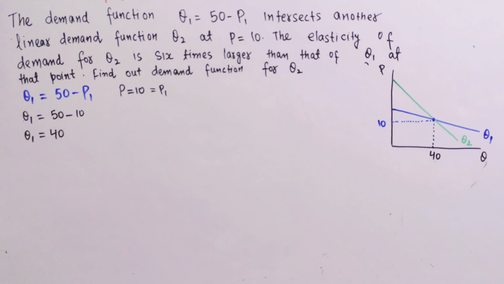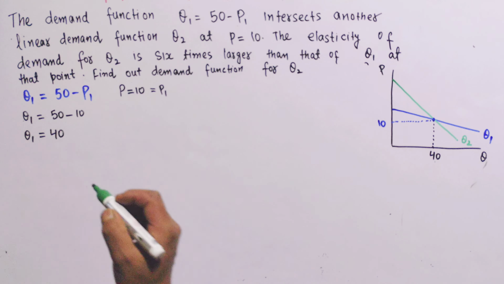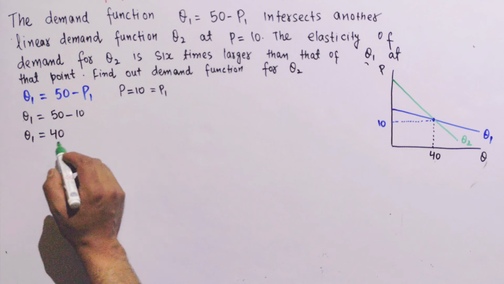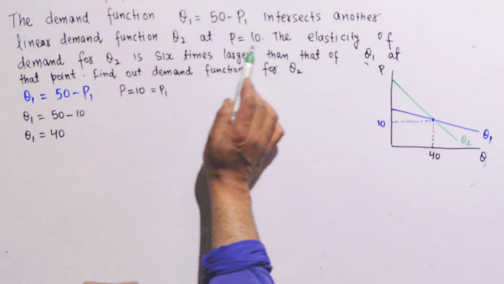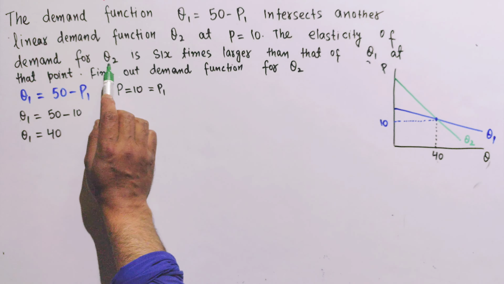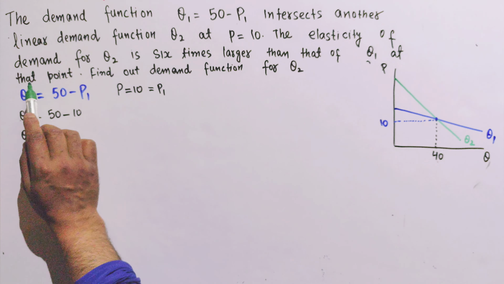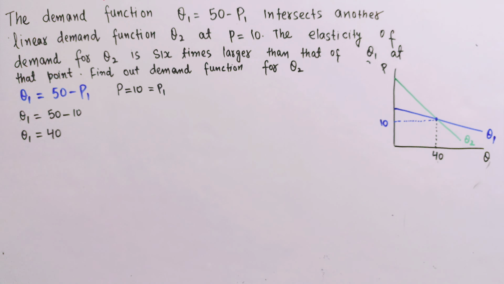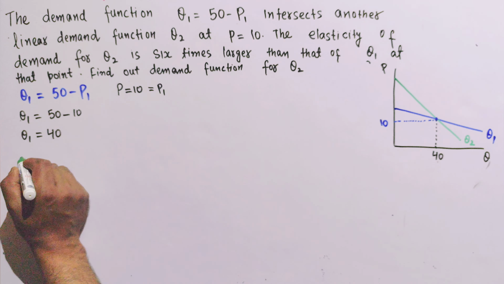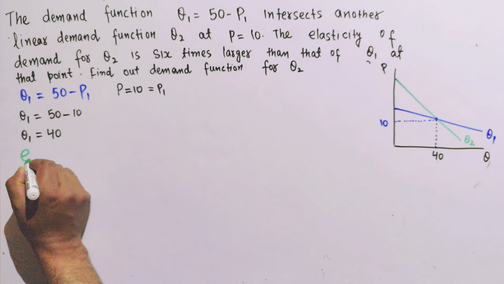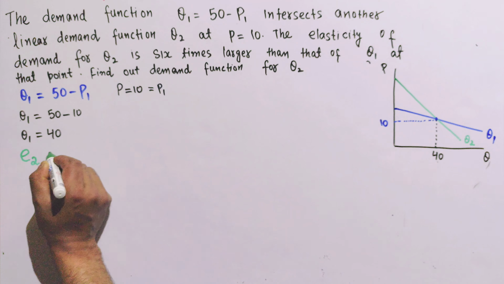Okay, now we are also being told that the elasticity of demand for Q2 is 6 times larger than that of Q1 at that point, when P is equal to 10. Let's denote the elasticity of Q2 by E2.